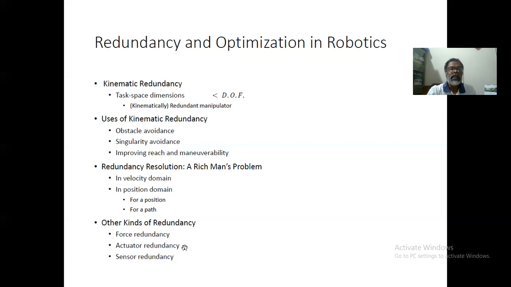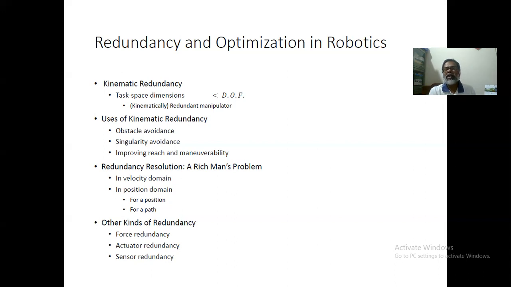Then there can be actuator redundancy. Even in a serial manipulator, there may be closed loops for enhancing the stiffness. Some constrained loops may be there. In such a situation, there may be a possibility of putting more actuators at different joints compared to what is necessary.